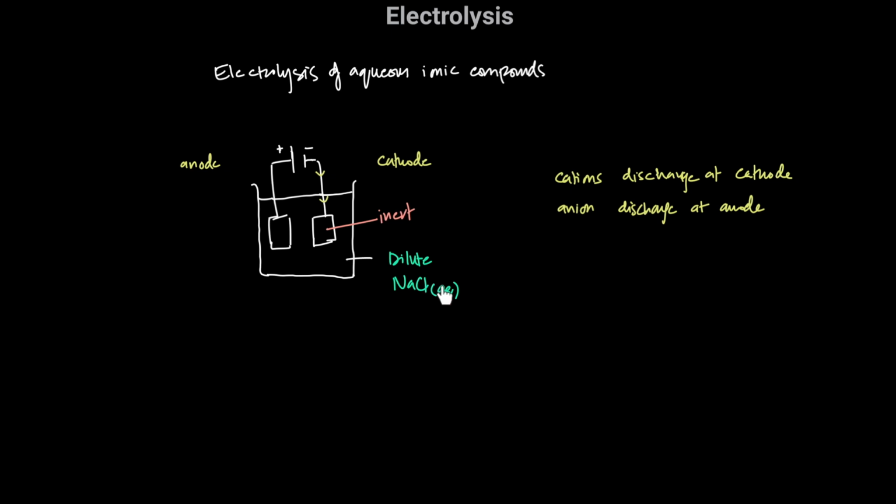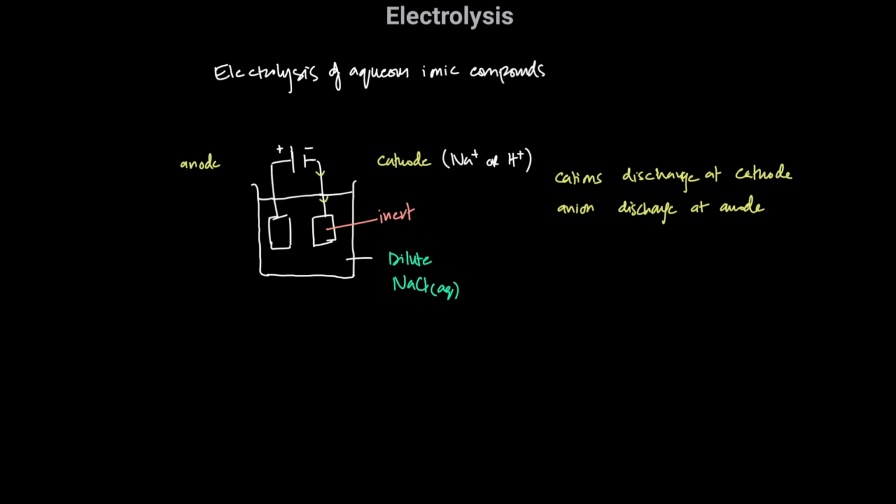When we talk about aqueous solutions, if you look at the cathode, we know that reduction takes place at the cathode. And we have 2 different cations that can discharge at the cathode: Na plus or H plus. We're going to go to the data booklet and look at the standard electrode potentials for the reduction of sodium and H plus ions.